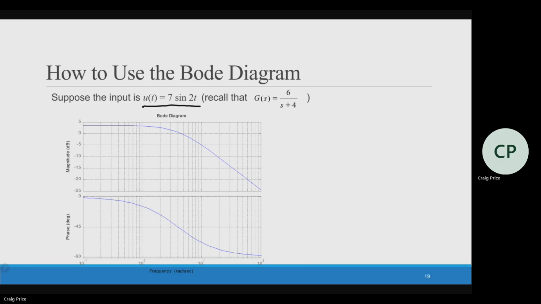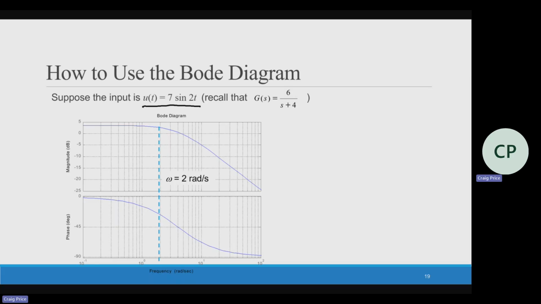Well, no one answered. The system will respond based on the input frequency. What is the input frequency? 2. It is 2. So what we should first do is look at 2.